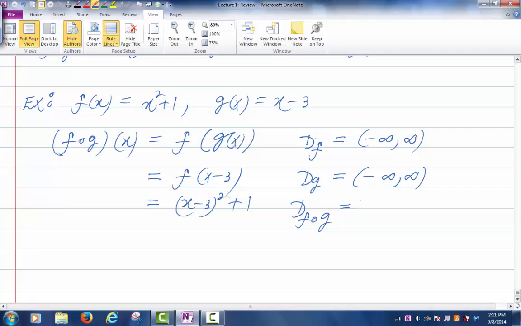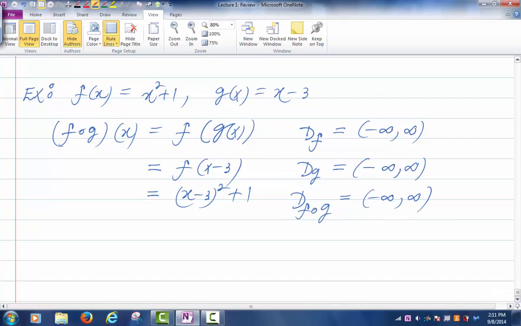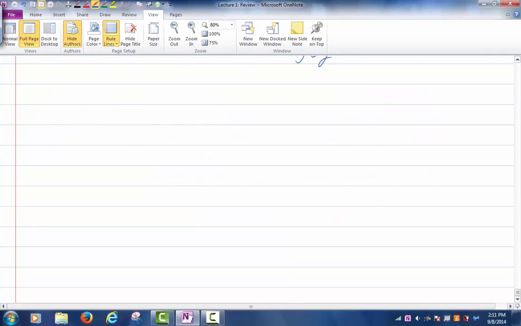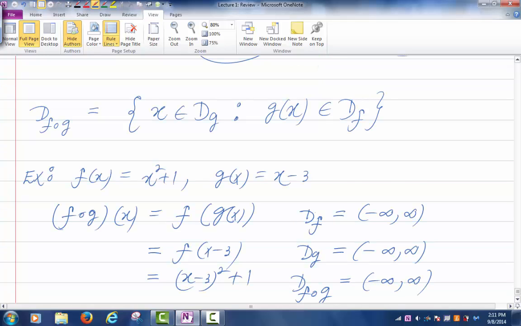Yeah, it'll be everything inside the domain of g for which the value of g of x is in the domain of f. Because the domain of f is everything, the domain of f circle g would be everything here. Right? Okay, so that's that.